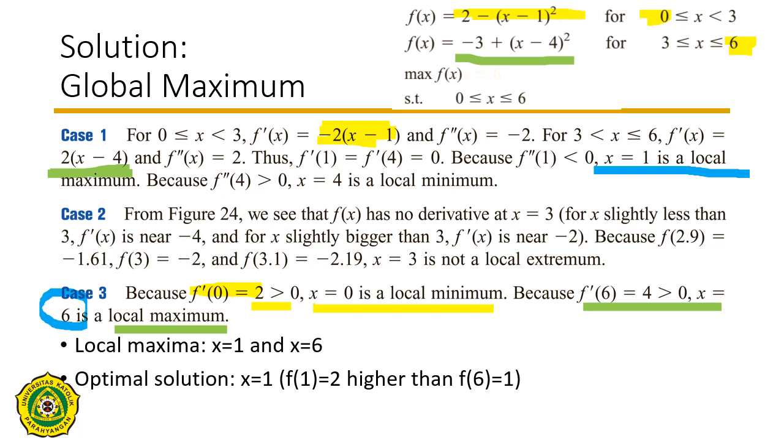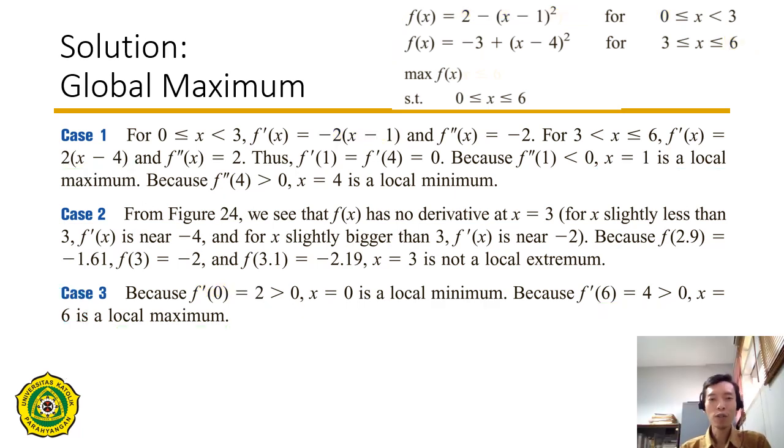So plug in x equals 1 to this function, and plug in x equals 6 to this function, and then compare the values. It shows that the function value for x equals 1 is higher than that of x equals 6, which means that the global optimal solution for this case occurs at x equals 1.